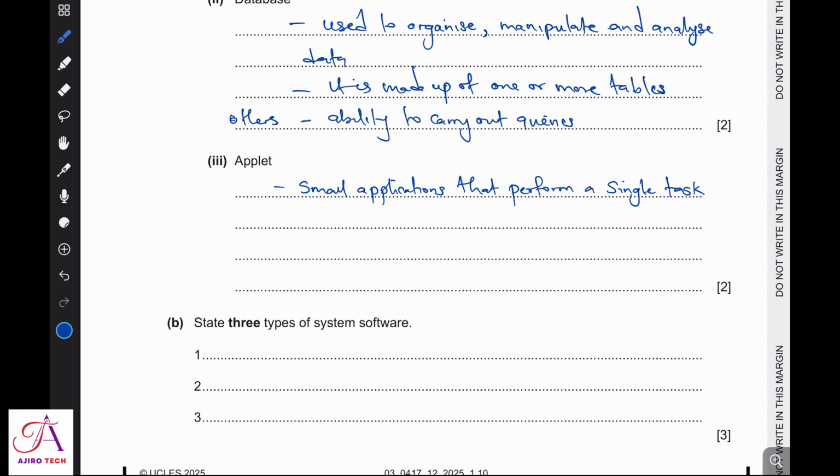Now, what can we see here as well? Okay, so a small application that performs a single task.